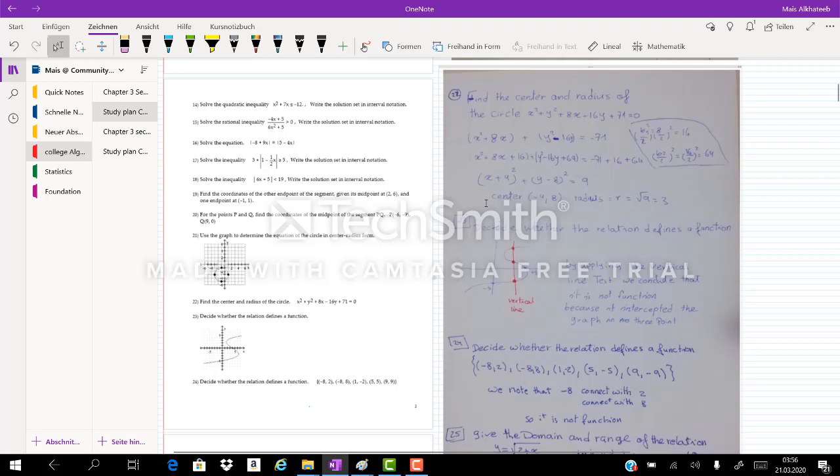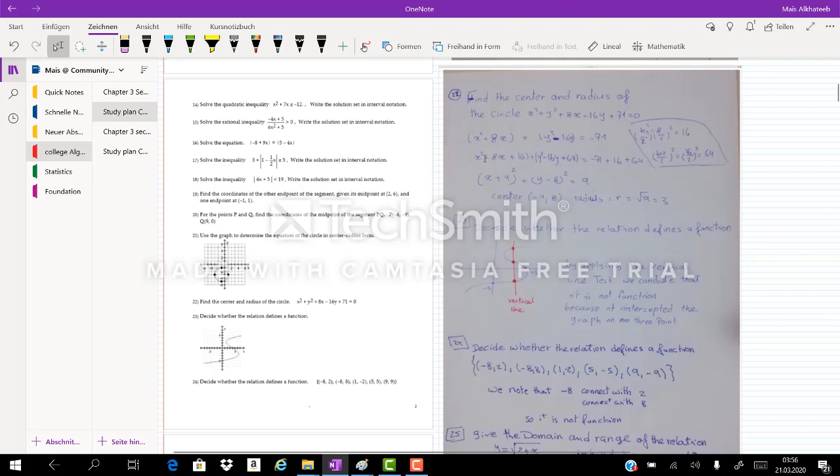Now if I have to write it, then we have to complete the square. So let us write x together, x squared plus 8x together, y squared minus 16y together, and we move 71 to the other side. Now we complete the square.